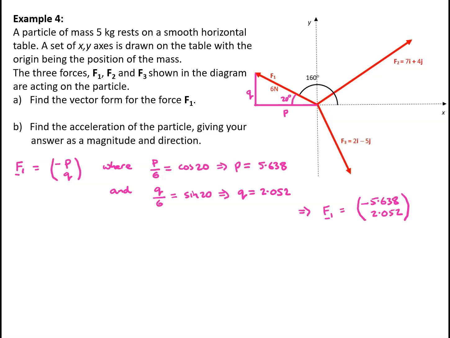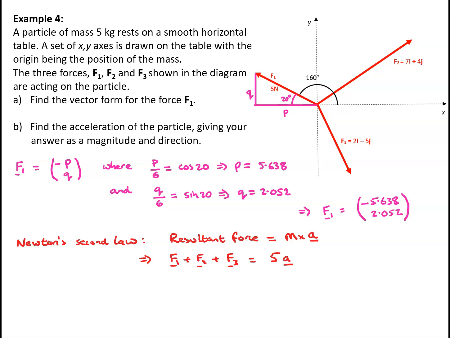Newton's second law tells me that the resultant force must equal the mass times the acceleration of the particle. So the resultant force is simply the result of adding the three forces that we've got. So F1 plus F2 plus F3 must equal the mass of the object, which is 5 kilograms, times the acceleration.